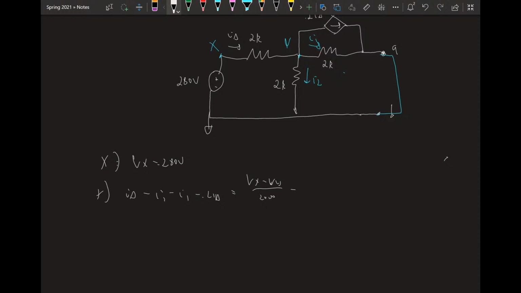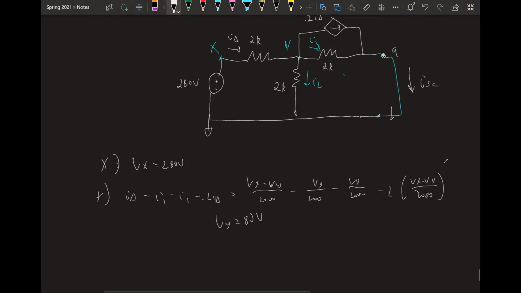So we have one equation, one unknown. We'd solve for this and get that Vy equals 80 volts, but we don't want Vy, we want this current over here. And so that current is I1. So I short circuit is equal to I1 plus 0.2 I delta from Kirchhoff's current law, right?